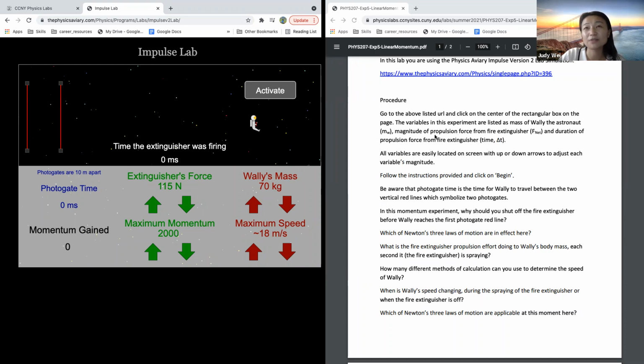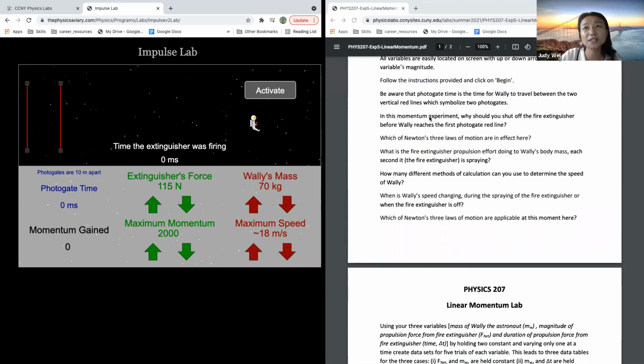These are delta T, Fn, and m. Click begin. Be aware that photogate time is the time for Wiley to travel between the two vertical lines, which symbolize two photogates. This is the time you can record here as the astronaut passes the photogates.